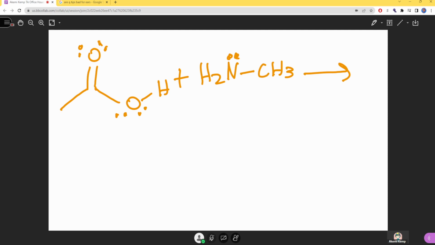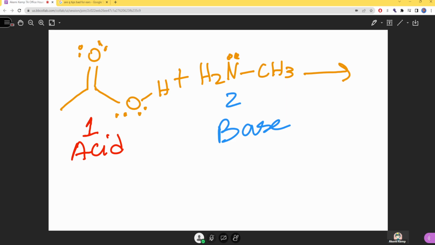So whenever you do acid-base reactions, first you have to always identify what's going to act as your acid and what's going to act as your base. So we have a carboxylic acid here, and we have an amine, I believe. So what's going to act as your acid? Carboxylic acid. I mean, it's right in the name, right? So molecule 1 is going to act as your acid, and molecule 2 is going to act as your base.